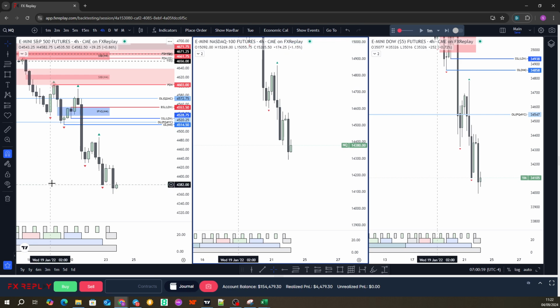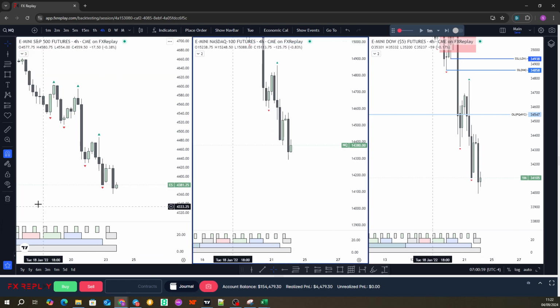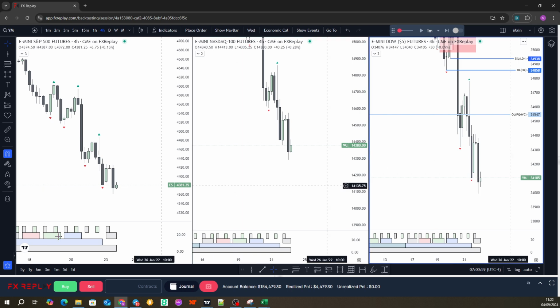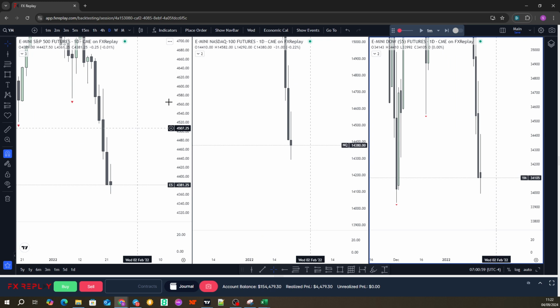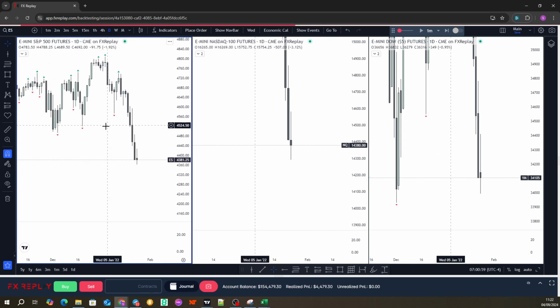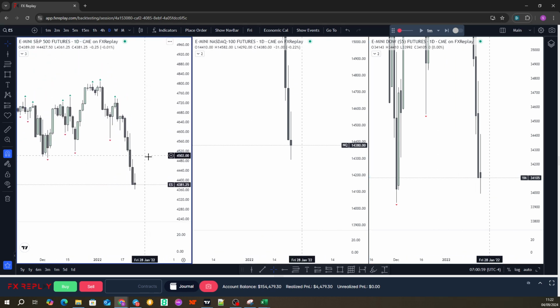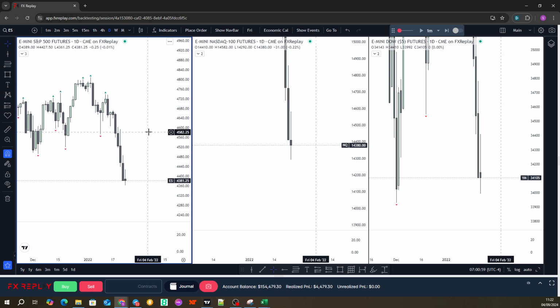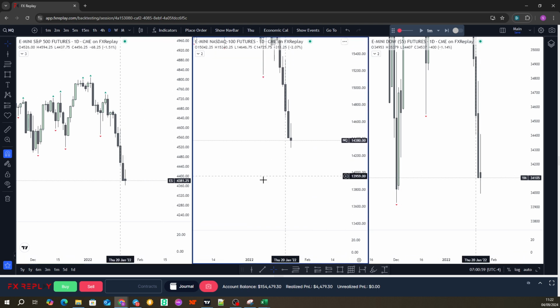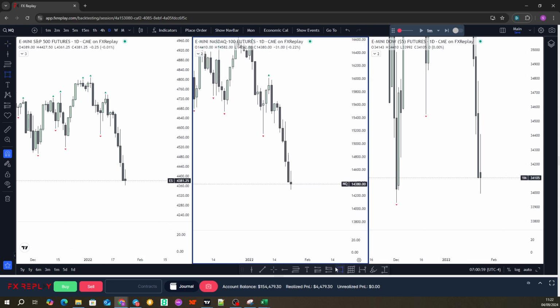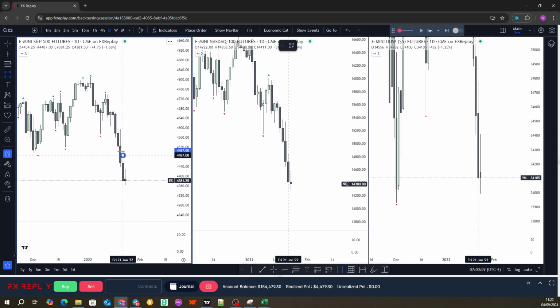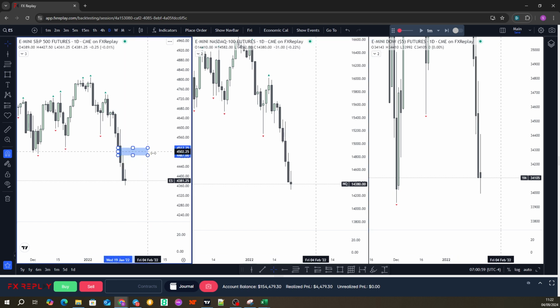Well, I'm going to clear the charts anyway. Let's see what we've got. Okay, let's annotate. From a daily standpoint, we've got that.